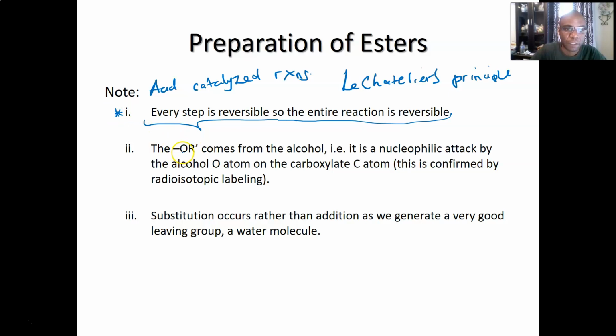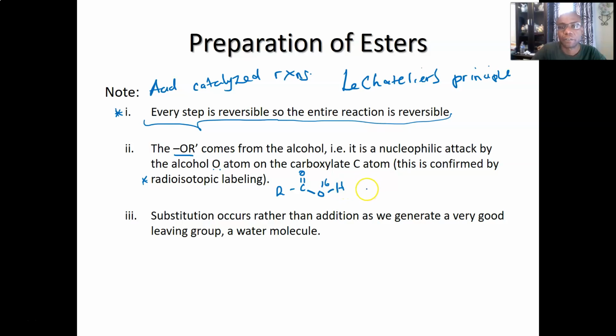Okay. The OR part comes from the alcohol, because the alcohol uses its oxygen to attack the carboxylate activated carbon of the carbonyl. And of course, we use radioisotopic labeling to do this. You know, the thing is this: if you start with a carboxylic acid, and you know the mass of oxygen should be 16, right?